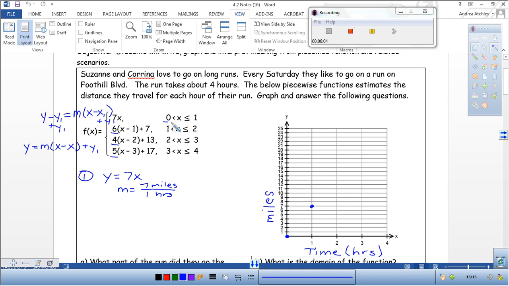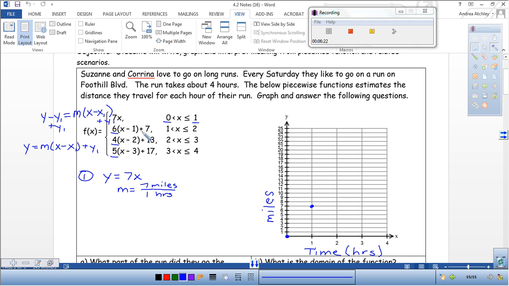So from 0 to 1, that's how fast they're traveling. So do I need to continue on? Okay, it stops at 1 hour. So now after 1 hour, she's going to change her speed. They're not going to be going the same speed, so we need to change our equation.